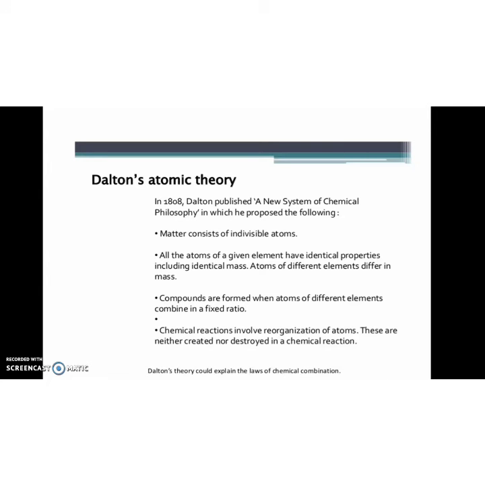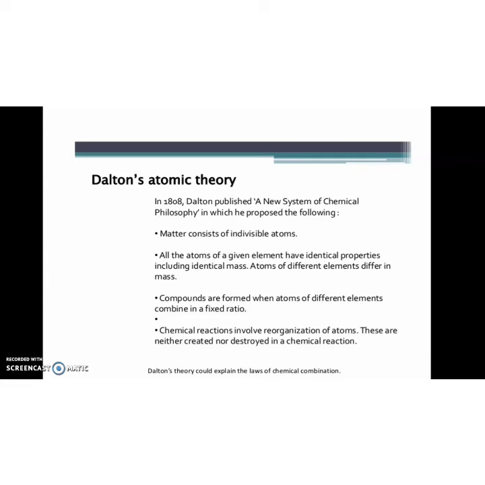The next one is Dalton's atomic theory. It is a very important theory published by Dalton in 1808, and there are postulates according to this theory. First, matter is made up of indivisible particles called atoms. Second, all the atoms of a given element are identical in atomic mass, and different elements have different atomic masses. Third, compounds are formed when atoms of different elements combine in a fixed ratio.